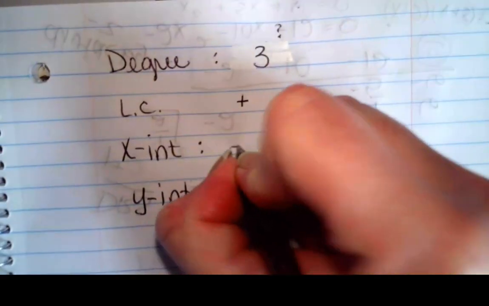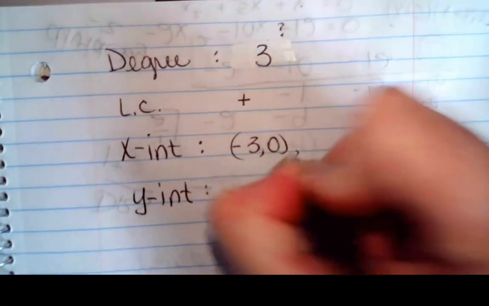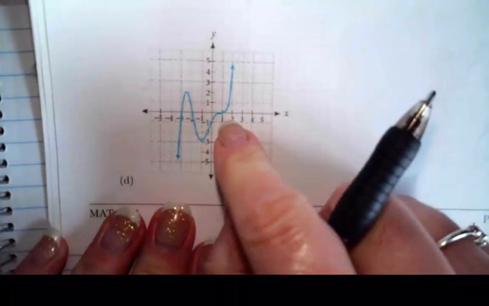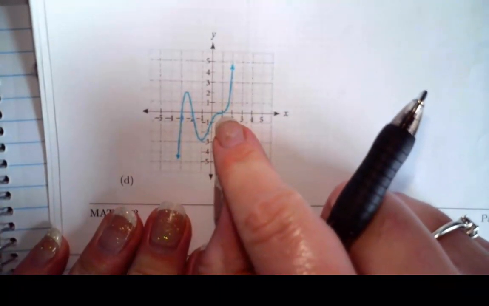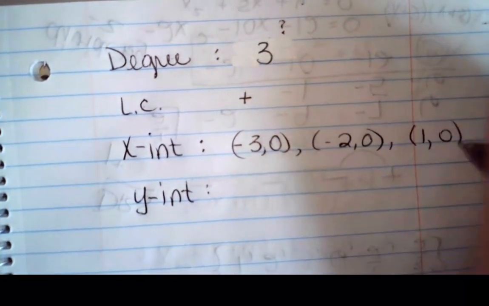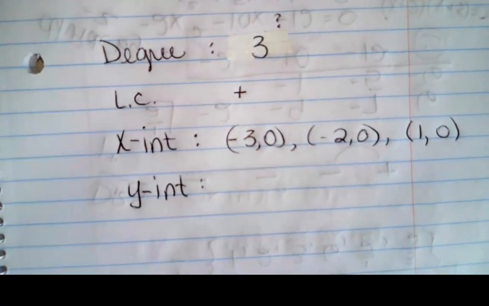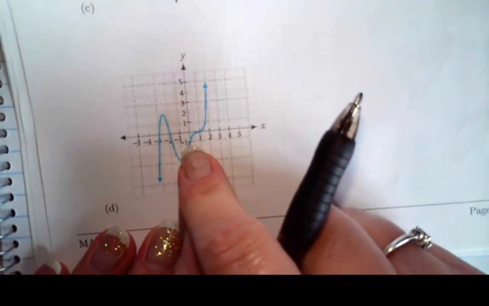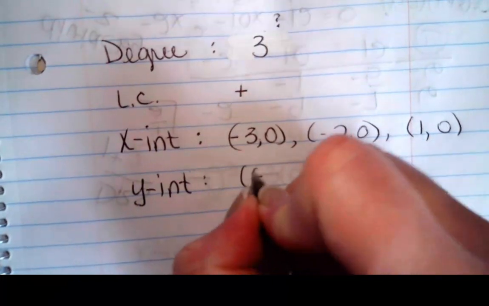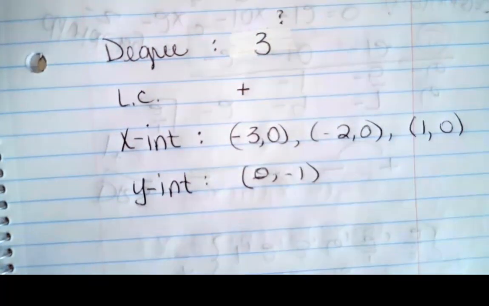So my x-intercepts are at (-3, 0) and at (-2, 0). And then I have this one right here, which is a positive 1. So I've got (1, 0), and then my y-intercept is going to be right here at -1. So I've got a y-intercept at (0, -1).